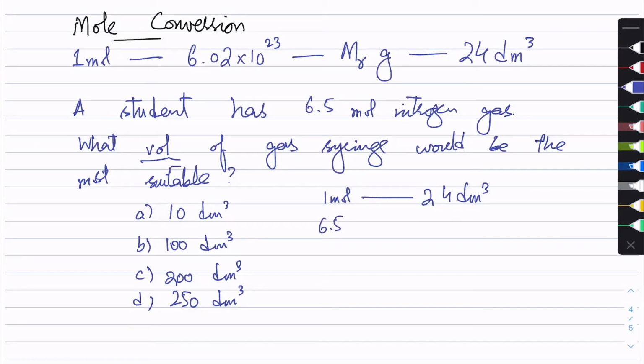So 6.5 moles is going to be, you do that and you will get your answer. So X is going to be 156 dm cube, and the nearest value is this one. So I'll pick C as my answer. So we can easily figure out what the answer is going to be based on this.